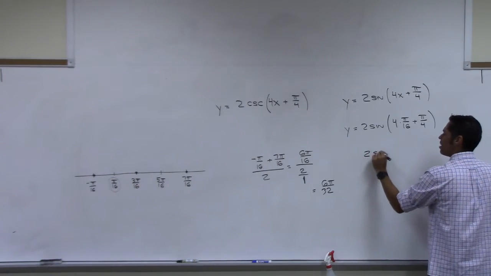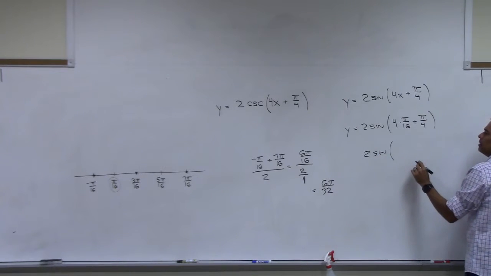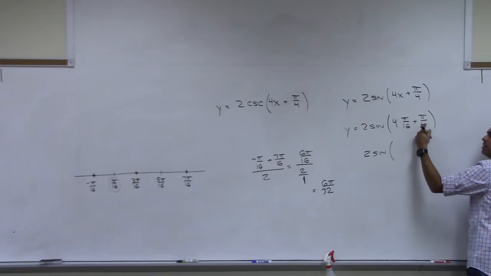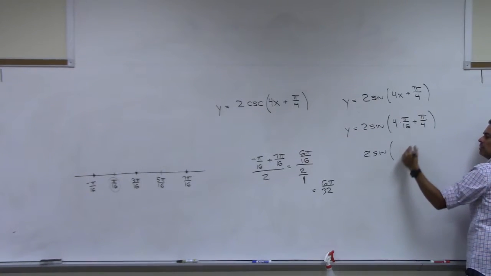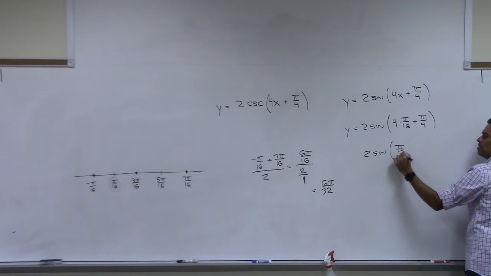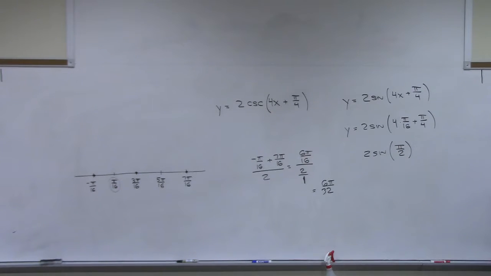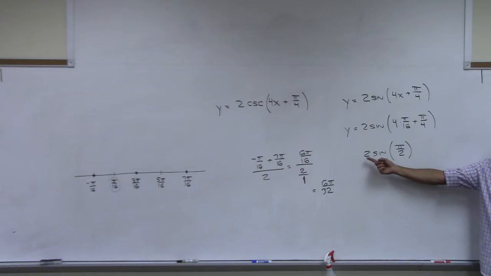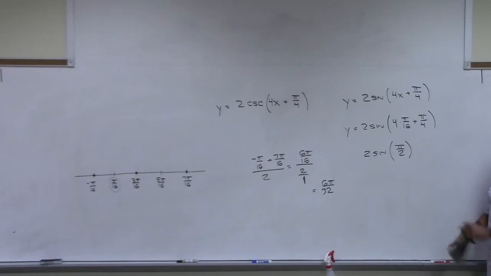This is 2 sine of, isn't that pi over 4 right here? Mm-hmm. And then plus another pi over 4 is 2 pi over 4, which is pi over 2. And sine of pi over 2 is 1 times 2 is 2. So this should come out to be 2.